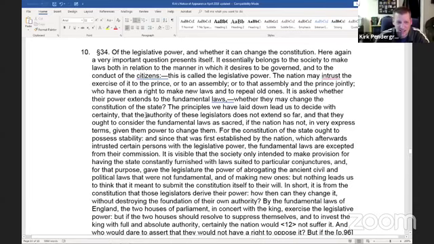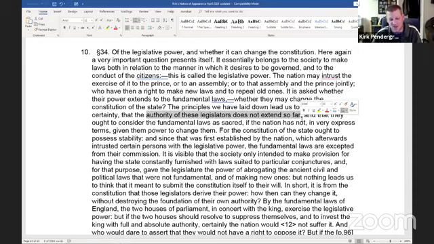Again, the authority of these legislators does not extend so far. And that's what we talk about here in Mason's Manual of Legislative Procedure. The 10 principles, the first one being the group must have the authority to take the action it purports to take. Jurisdiction must be given. It cannot be assumed.